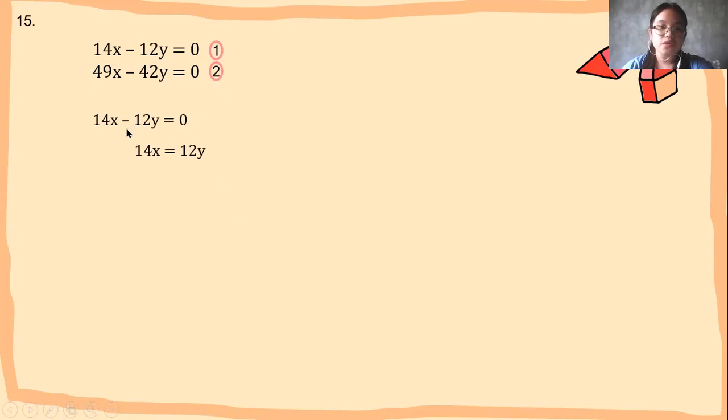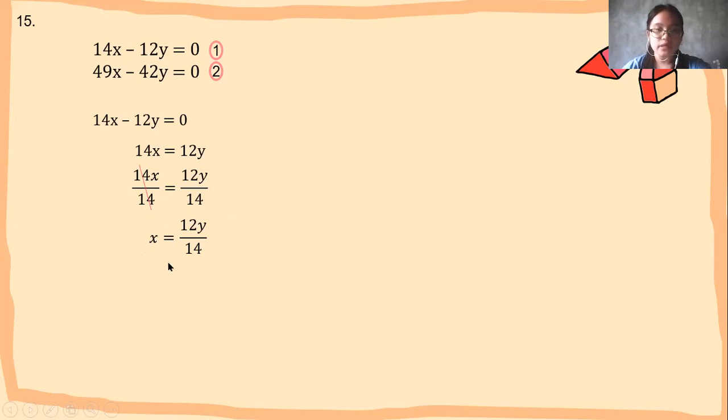Let's transpose the negative 12y into the right side and it will become positive 12y. Then divide both sides by 14 and cancel the 14 here. Then x is equal to 12y over 14. This will be our initial value of x.